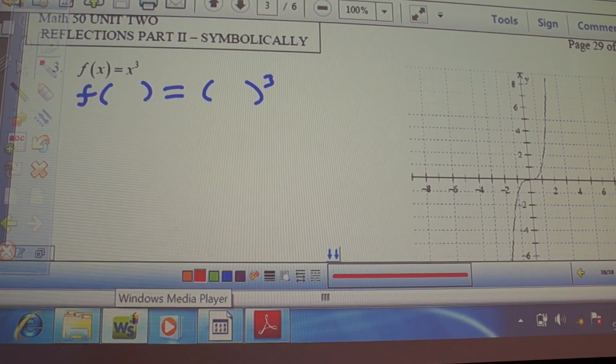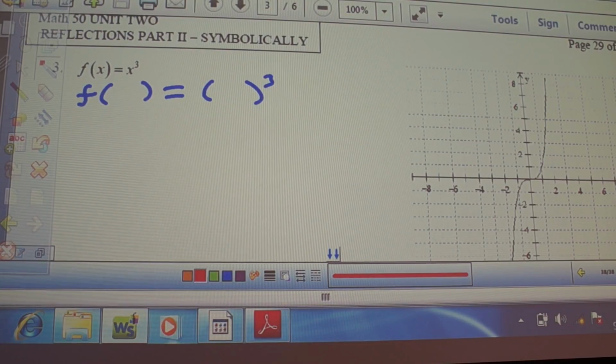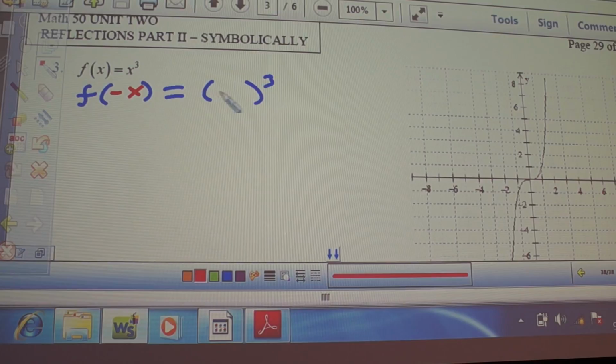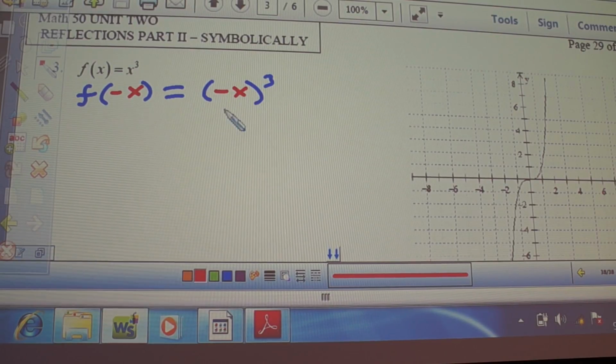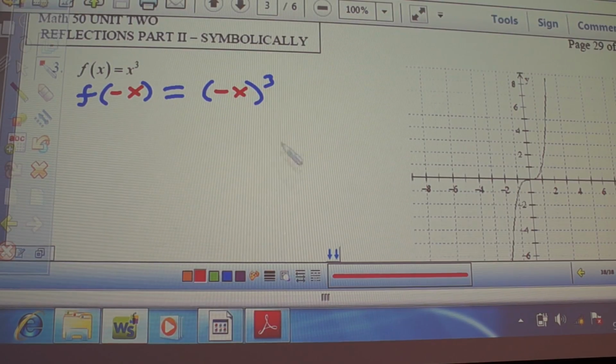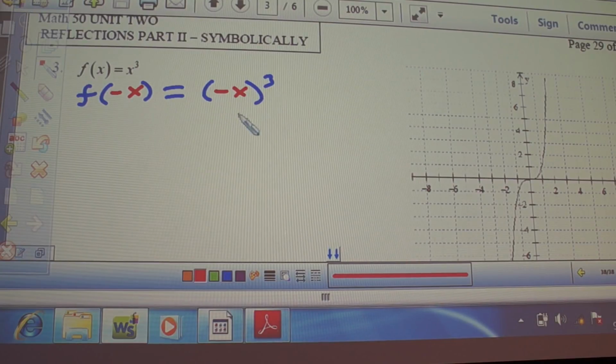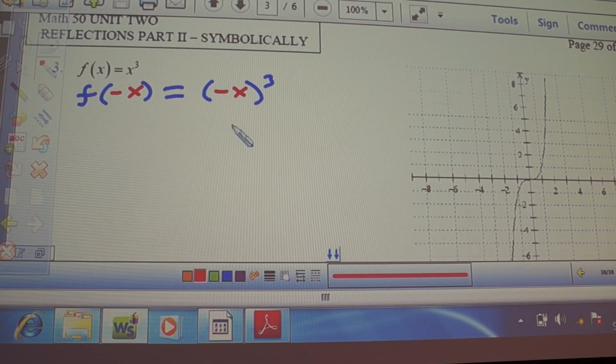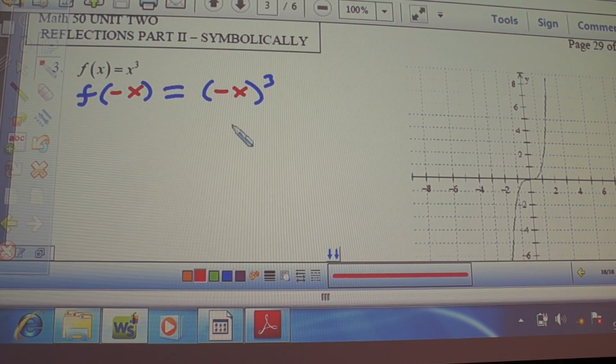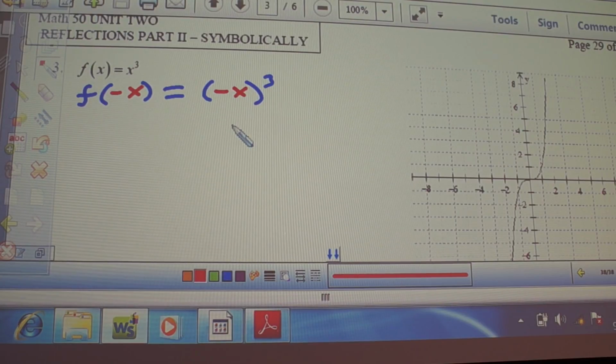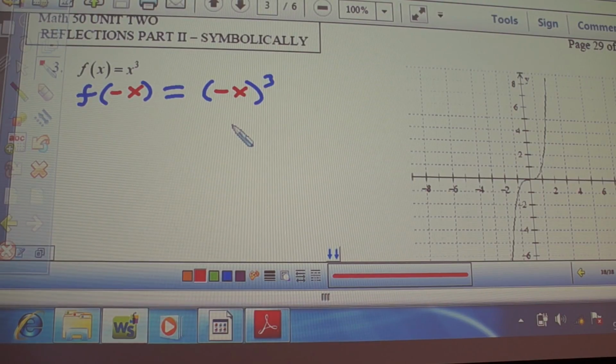Now what am I going to substitute in for x? Negative x. So everywhere I see the parentheses, I'm going to write in negative x. Good. Now, is there anything acting on this parentheses? Yeah, it's being cubed. So if I take a negative times a negative times a negative, what do I get?